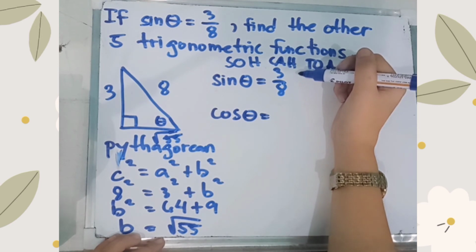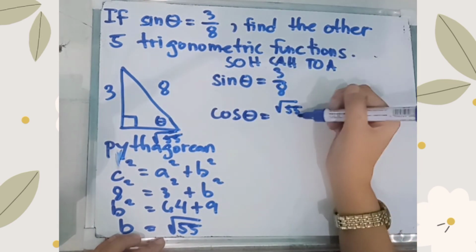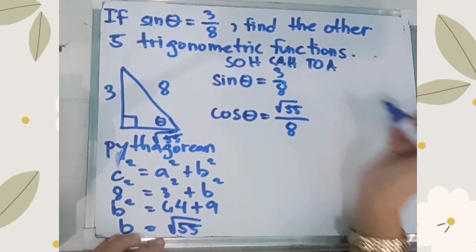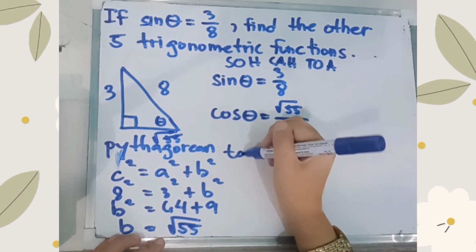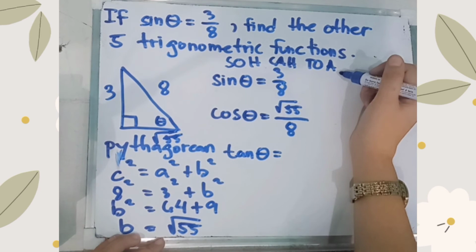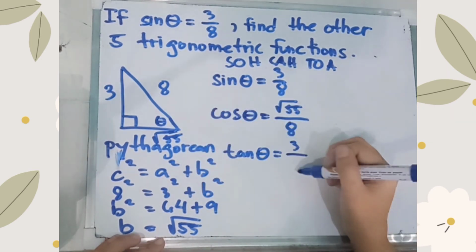Adjacent is square root of 55, hypotenuse is 8. Next we have tangent theta. Tangent theta is opposite over adjacent. Opposite is 3, adjacent is square root of 55.